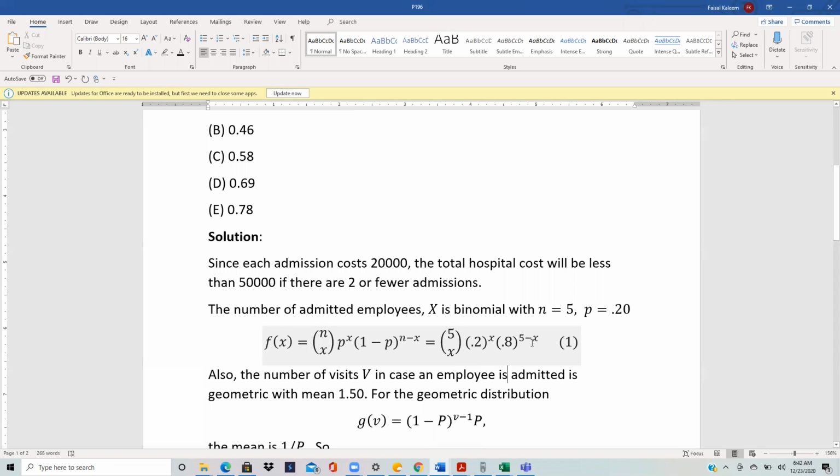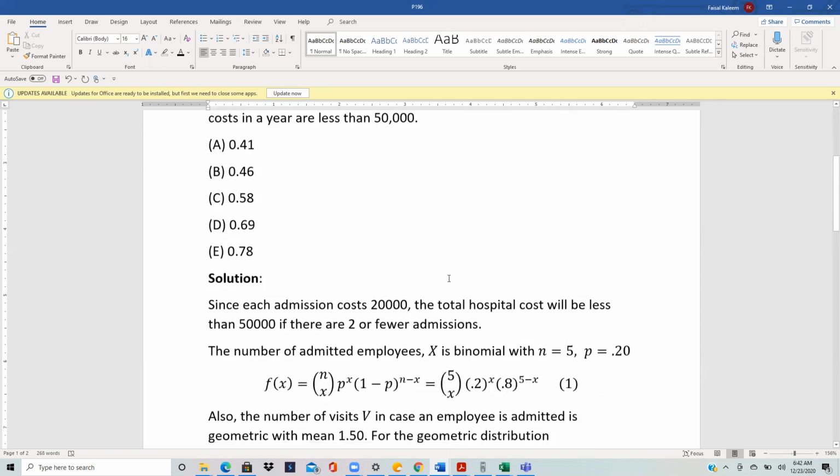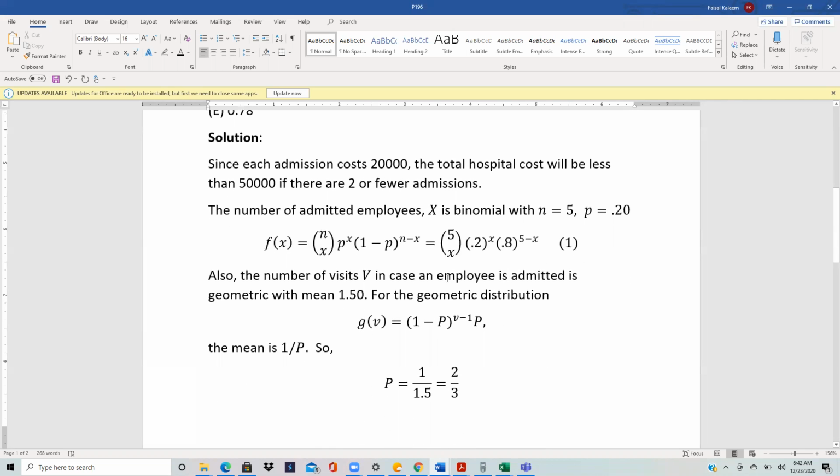Now once an employee is admitted, the number of visits is geometric with mean 1.5. That's what they told us. If an employee requires an admission, then the number of admissions is geometric with mean 1.5. So for a geometric distribution, this is the main formula. I'm using an uppercase P for the geometric success probability, because the lowercase p I'm using for the binomial success probability.